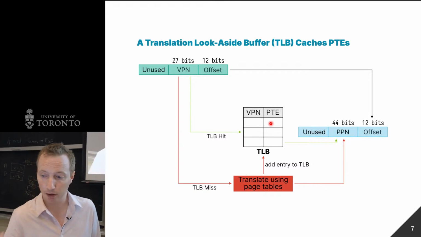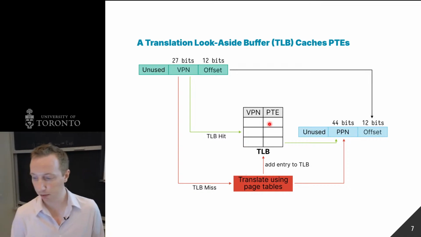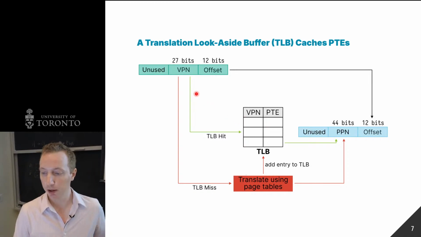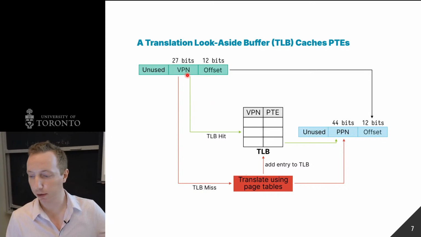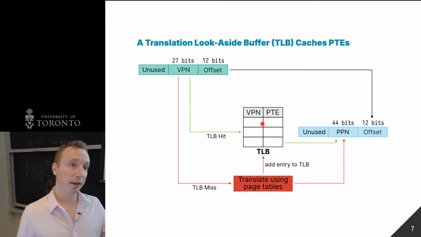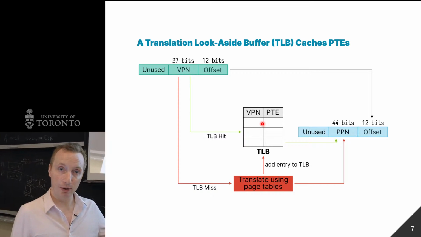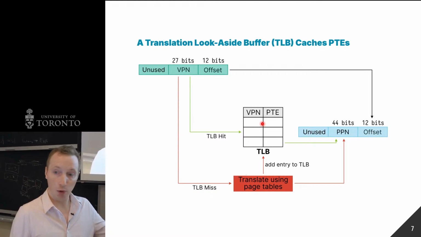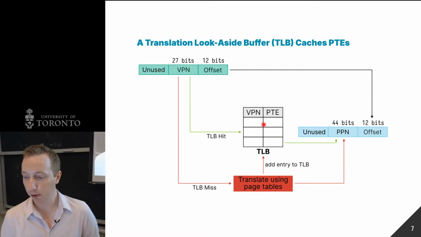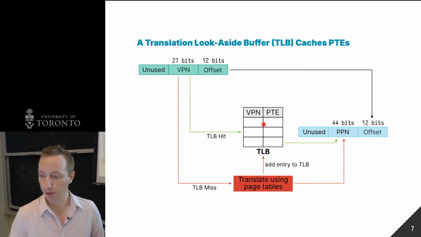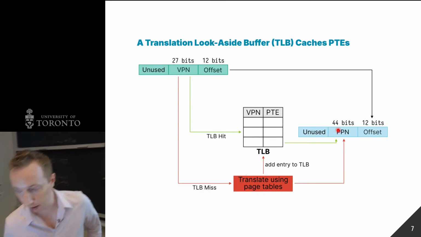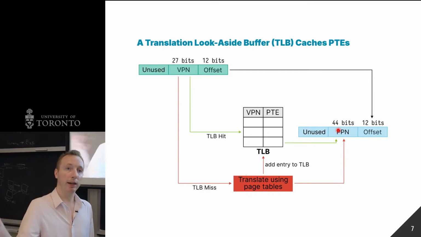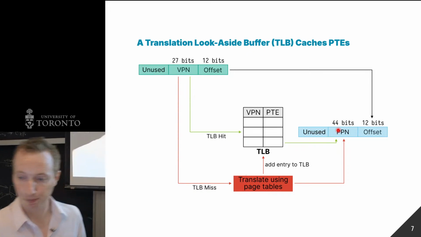So the final page table entry you actually wanted to compute. What it will do is, instead of going through that whole process of looking it up, it will check if it already exists in the cache, aka that old result was saved. And if that old result was saved, it doesn't have to go through that whole process. It can just get the PPN from the page table entry, and then we immediately get our physical address.